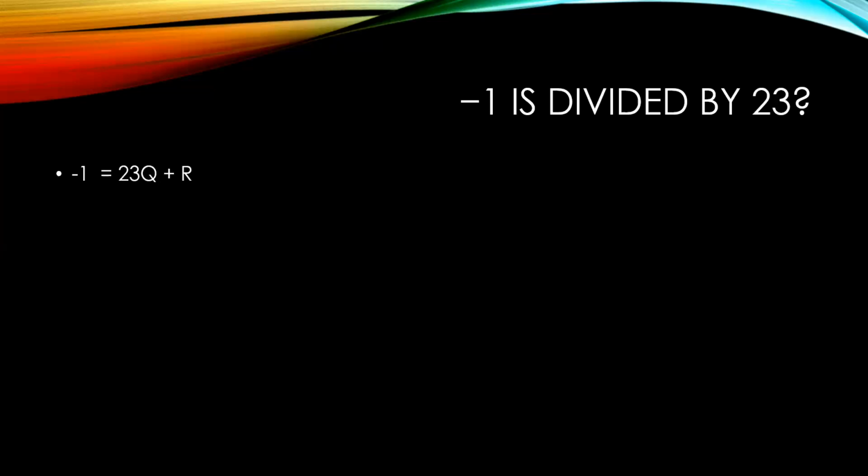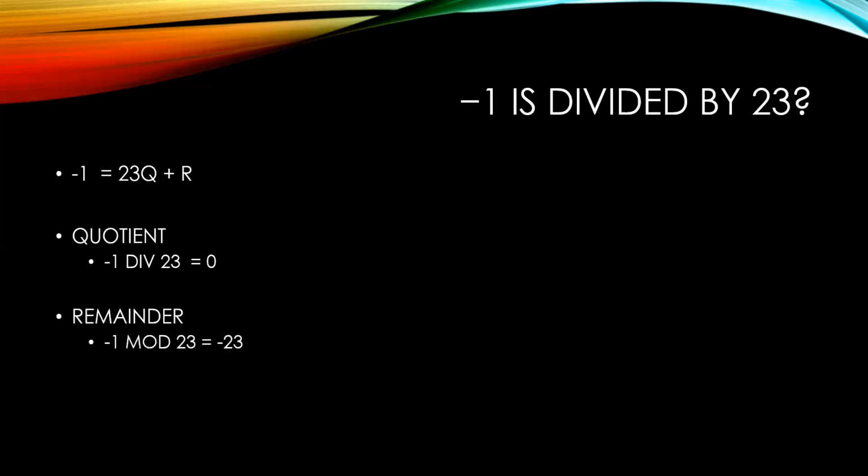Using div to get the quotient, definitely the answer is 0 since 1 is less than 23. And then the remainder is definitely negative 23. But the problem here is it doesn't conform with the division algorithm wherein r should be positive. So we need to correct this answer.